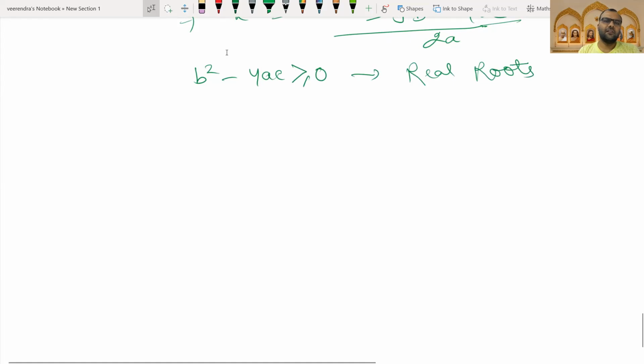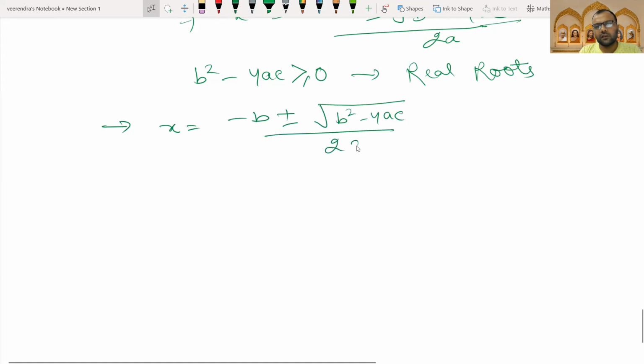If this condition is not satisfied, the roots will not be real. So by using this quadratic formula, x = (−b ± √(b² − 4ac))/2a, we can find the roots of the quadratic equation.